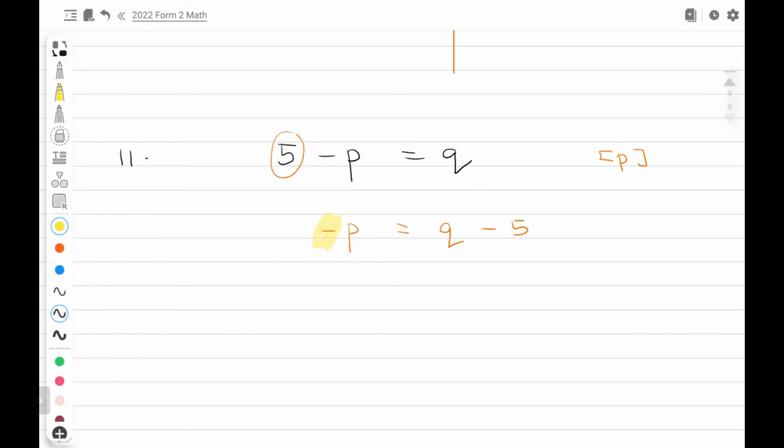So in this case, you have to move the negative to the back. Then it becomes what? How to move this negative to the back? Plus? Not really. Negative moved to the back, it becomes what?